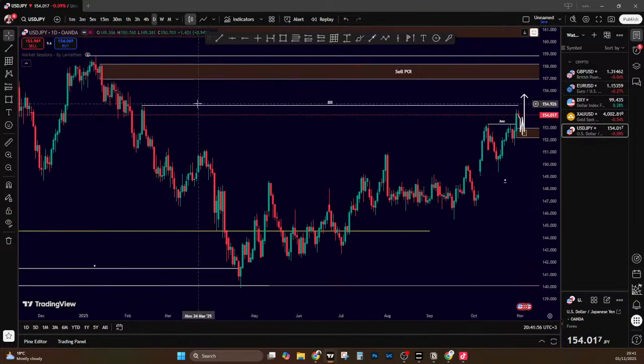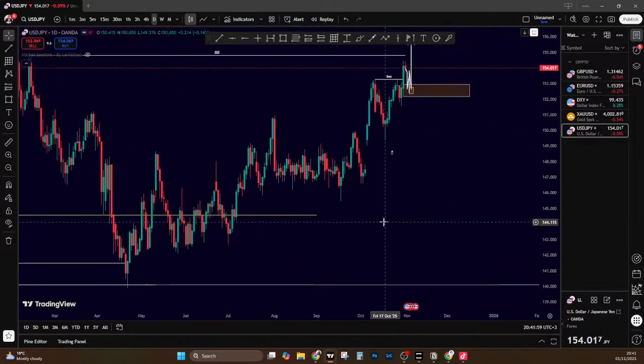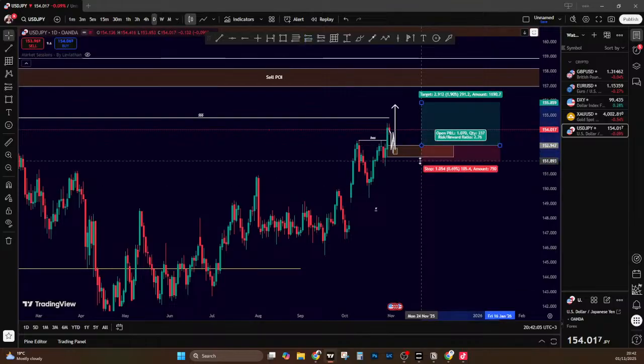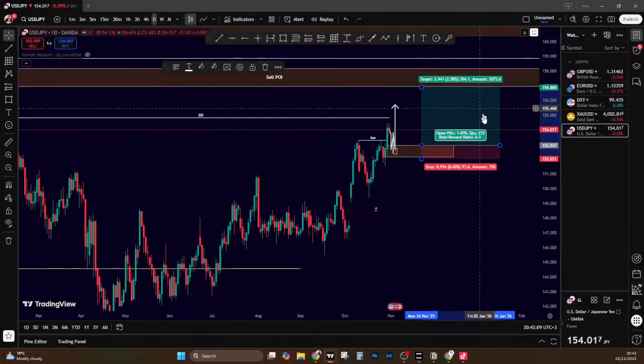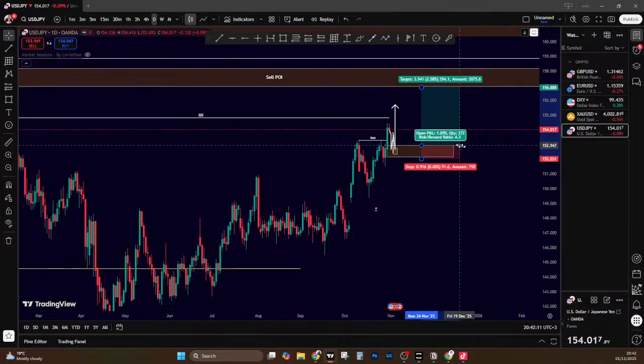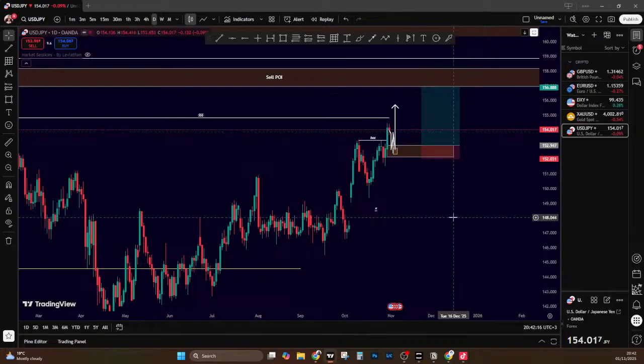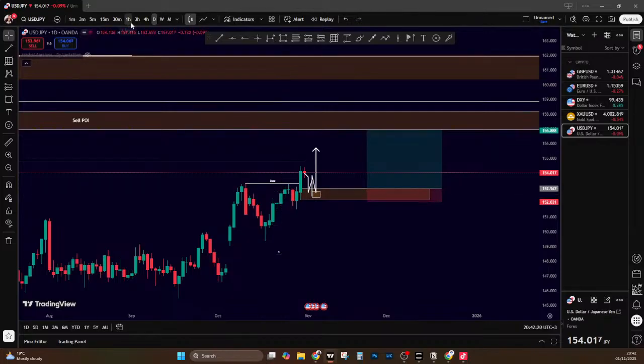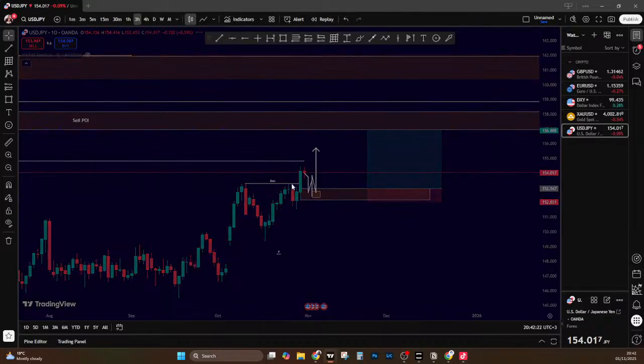Don't be greedy. This will be like how many pips? Because a market like this, you go with a lot of caution. Those are a lot of pips. So look for a setup like this.